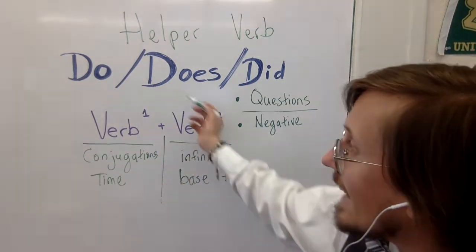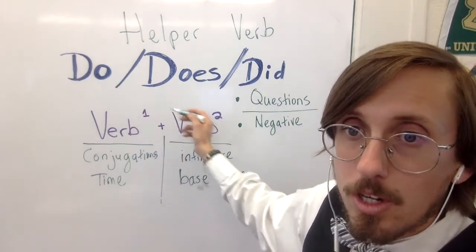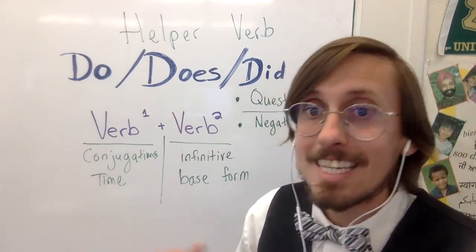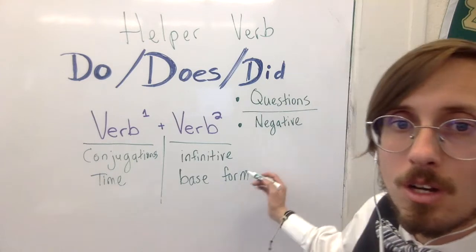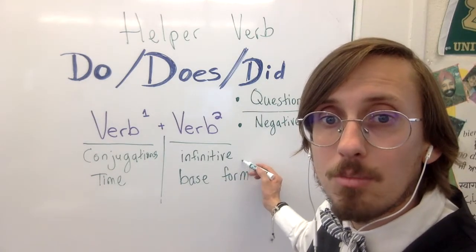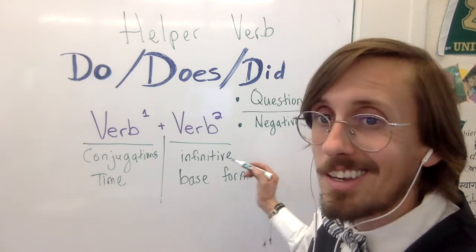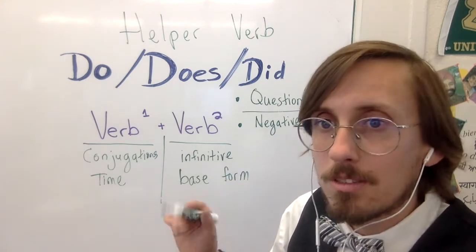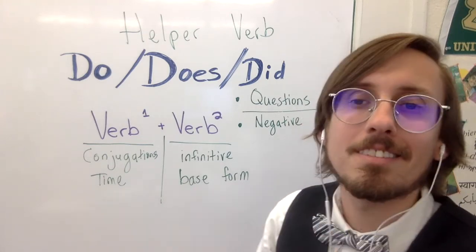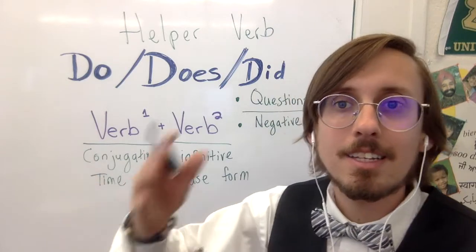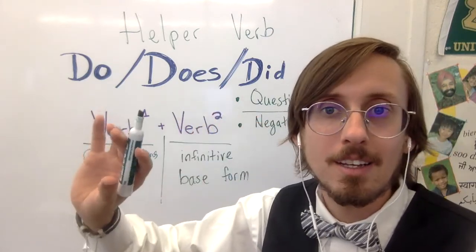But if I add a verb before that, that's working with it, for example, necesitar. Necesito comer. The verb returns to its infinitive base form, comer, not necesito como or necesitas comes. No way. Necesitas comer. Necesito comer.